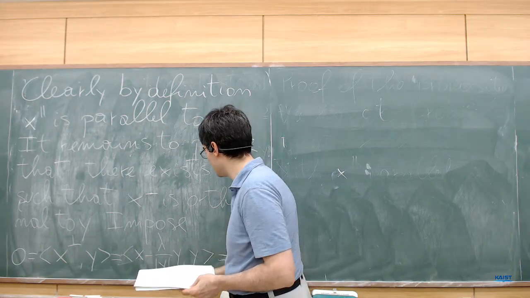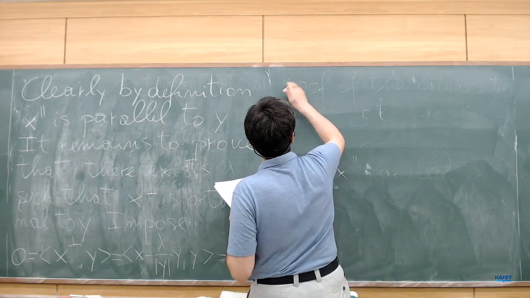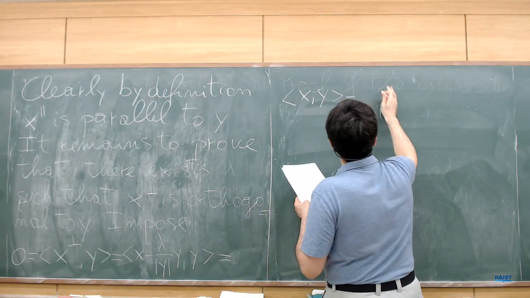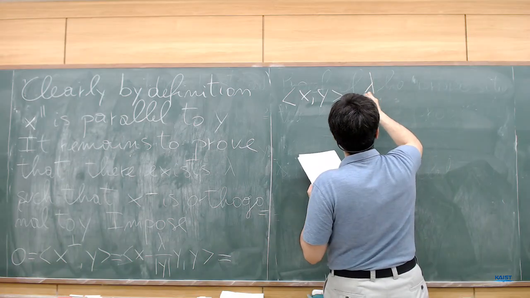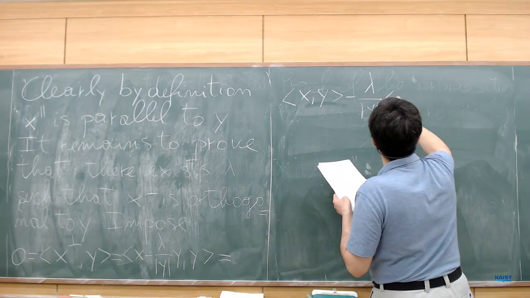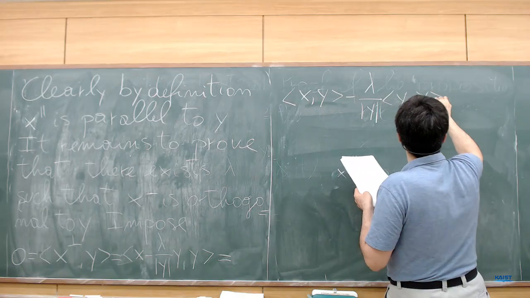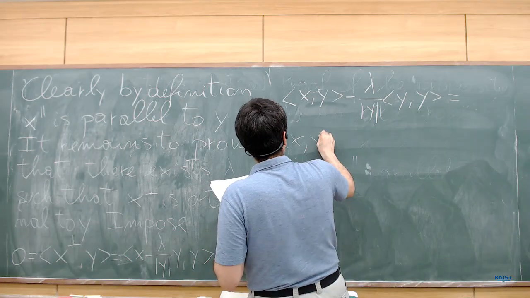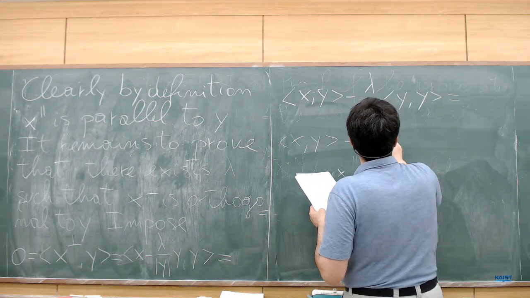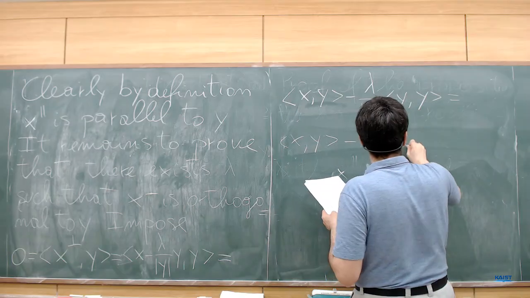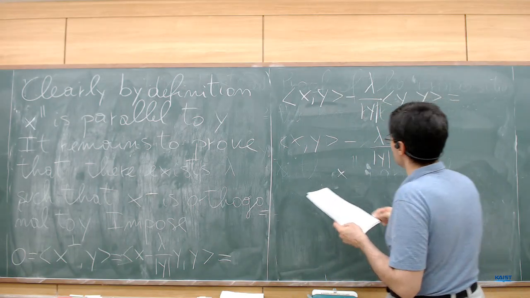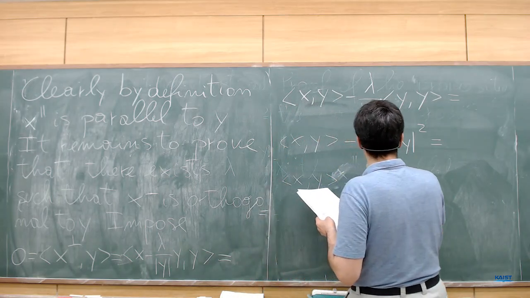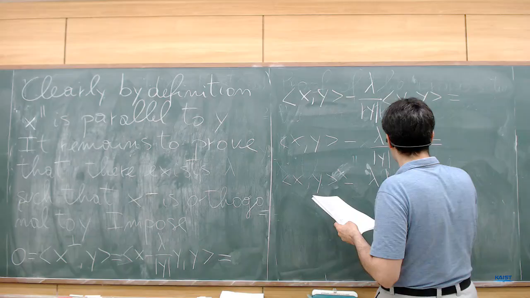Then by bilinearity, this is equal to the inner product of x and y minus lambda over length of y, the product of y with itself, and this is equal to xy minus lambda over length of y times length of y squared. This is equal to xy minus lambda times the length of y.